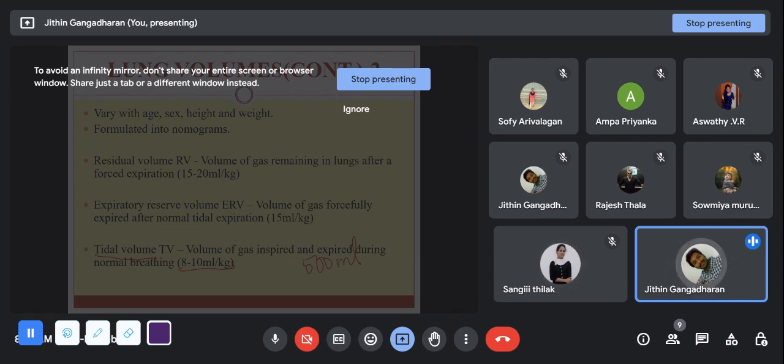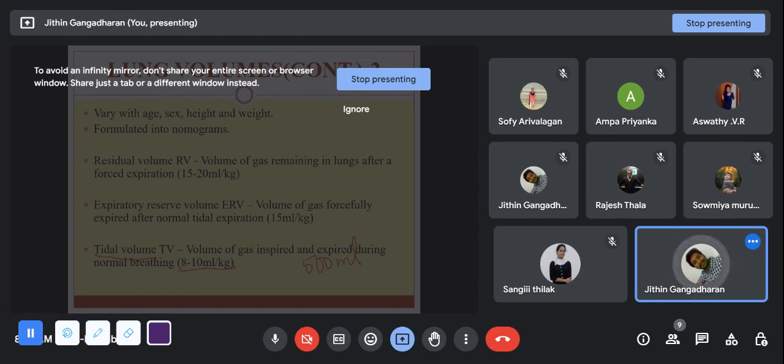So the residual volume will prevent atelectasis of your alveoli. So we have tidal volume, expiratory reserve volume, residual volume, and the last one is inspiratory reserve volume.